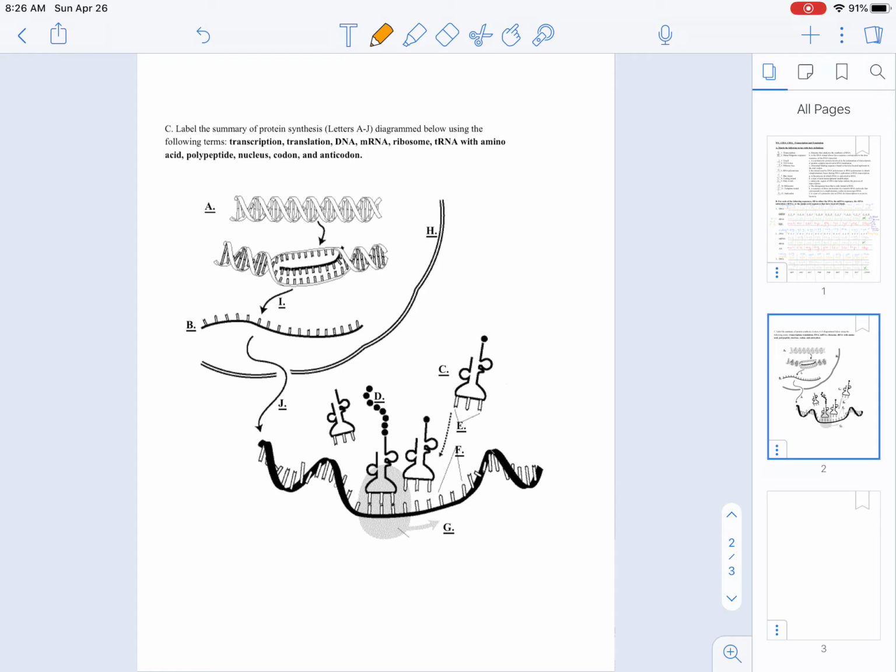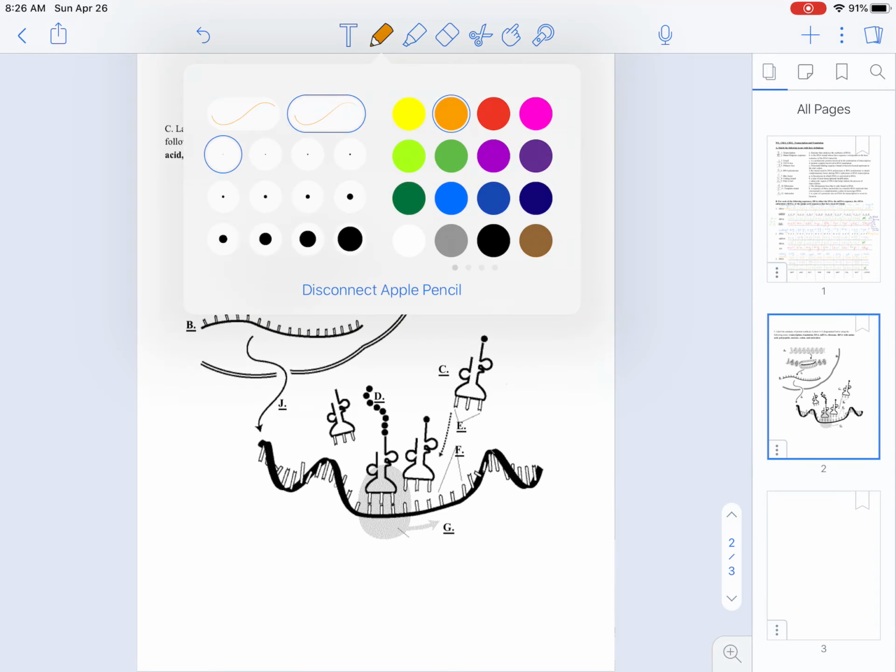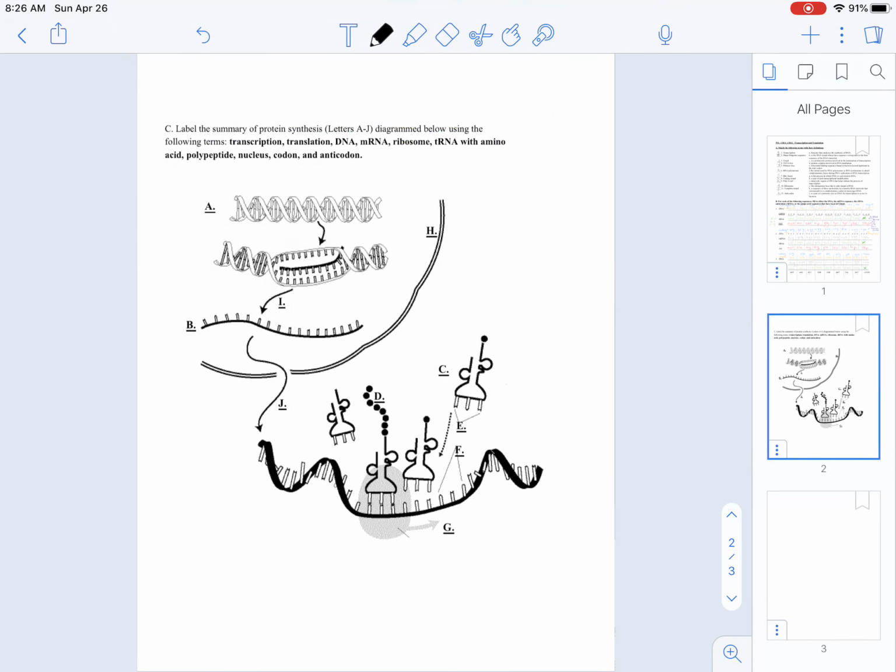In the next page, we are going to be labeling the following figure, which has the different parts of the cell. This is going to be representing a eukaryotic cell.